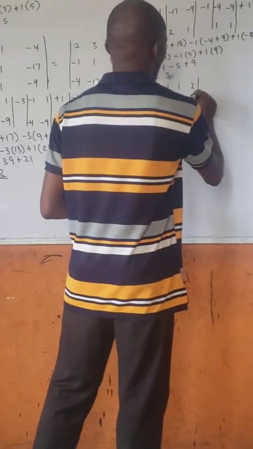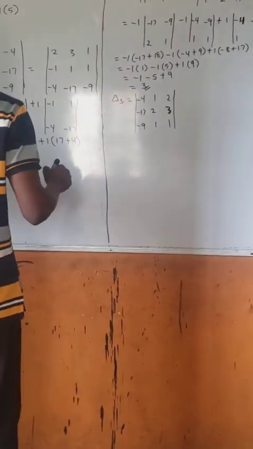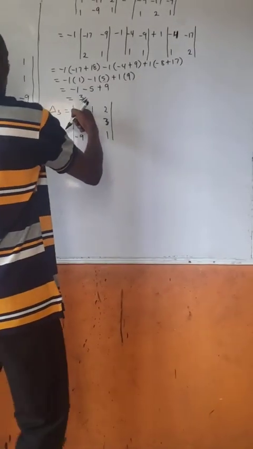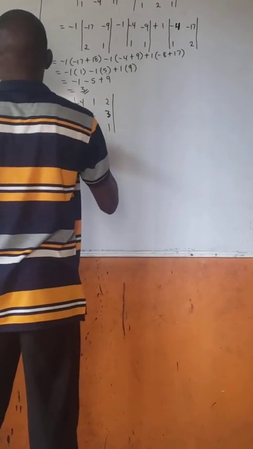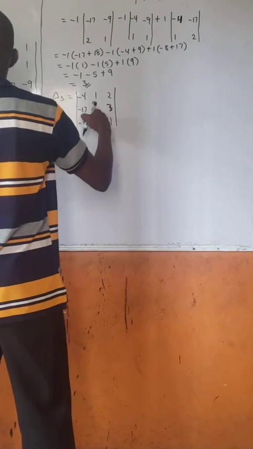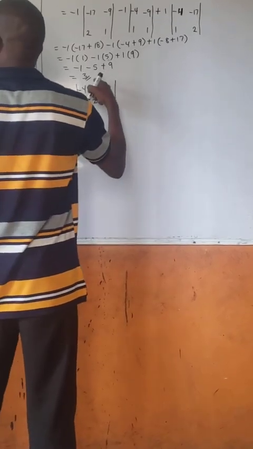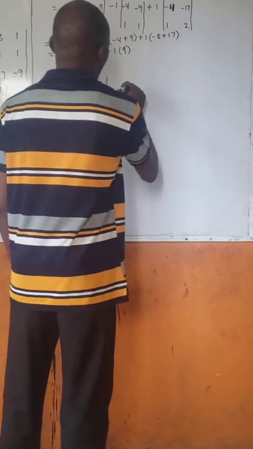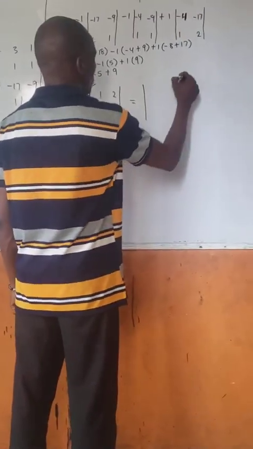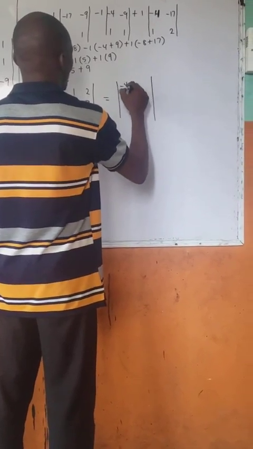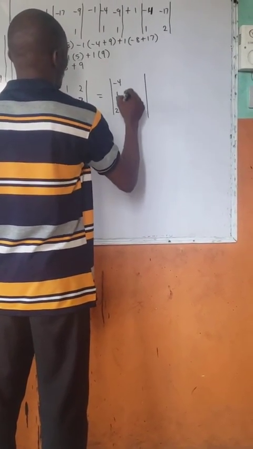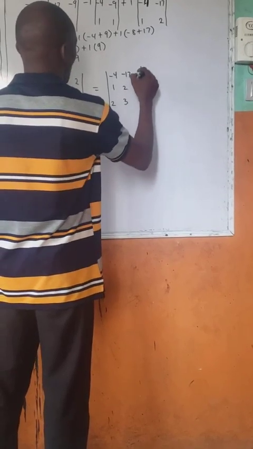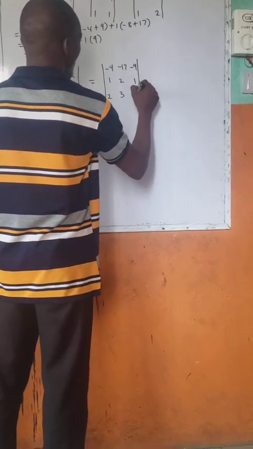So from here, let's look for the transpose. Remember, fourth, first, and then second column coefficient. So minus 4, minus 17, minus 9, 1, 2, 1, then 2, 3, 1. Now let's look for the transpose. The transpose will give us minus 4, 1, 2, minus 17, 2, 3, minus 9, 1, 1.